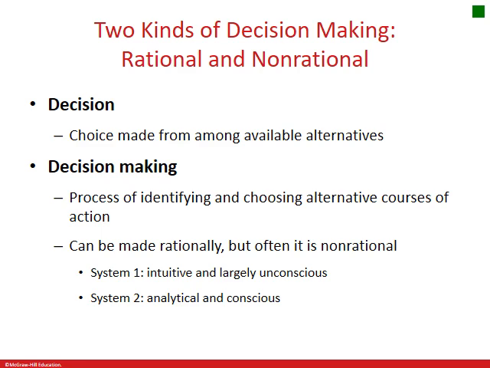Daniel Kahneman, the winner of the 2002 Nobel Prize in Economics, described two kinds of thinking which he labeled System 1 and System 2. System 1 is intuitive and largely unconscious. This operates automatically and quickly.